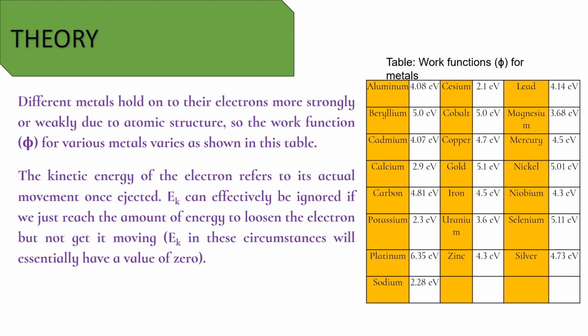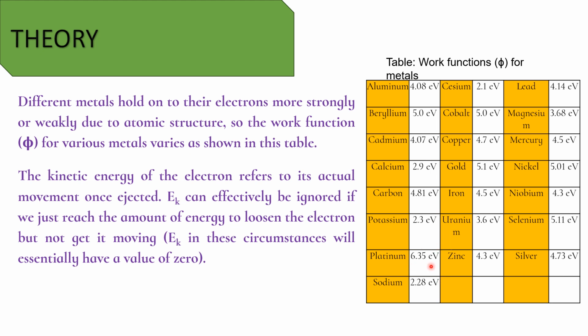For instance, aluminium has a work function of 4.08 electron volts, while cesium has a work function of 2.1 electron volts. Coming down here, we have sodium at 2.28 electron volts.